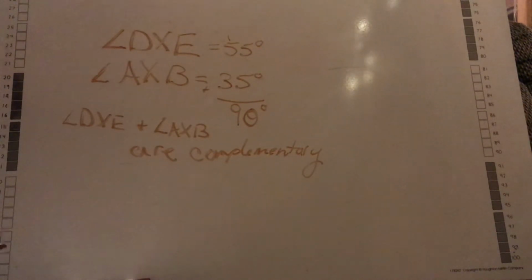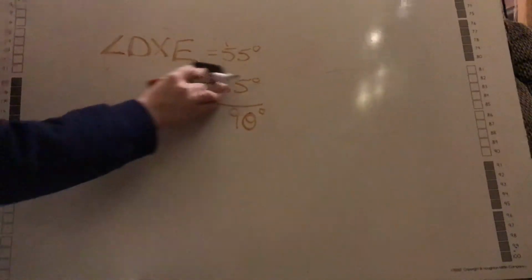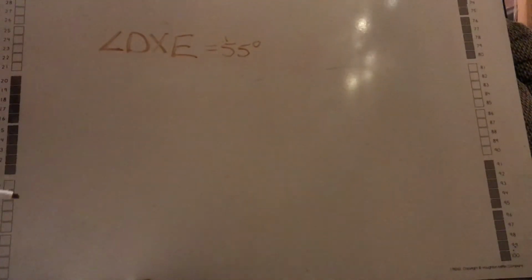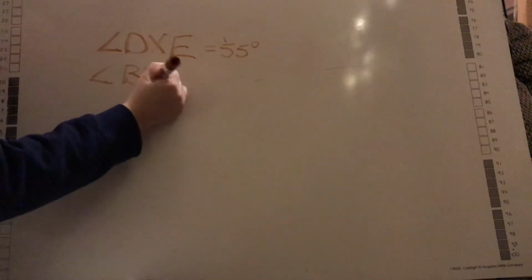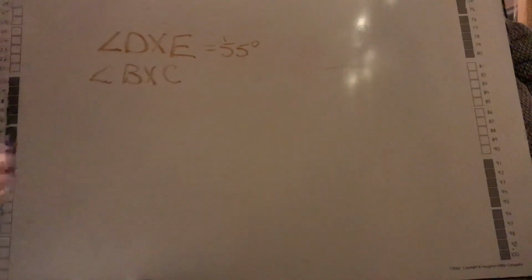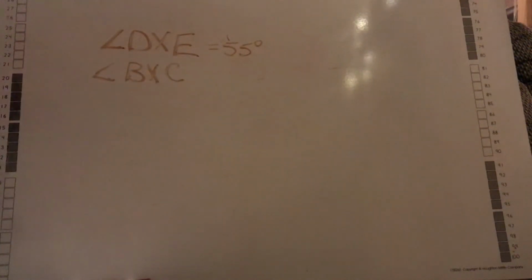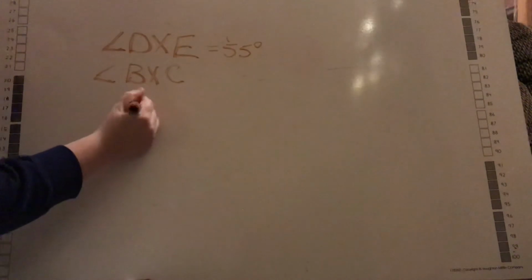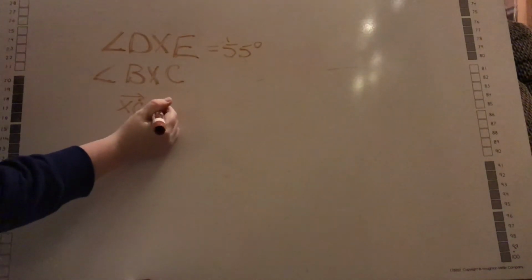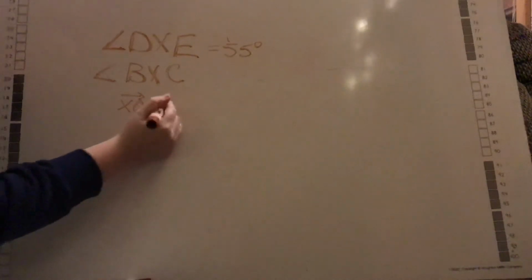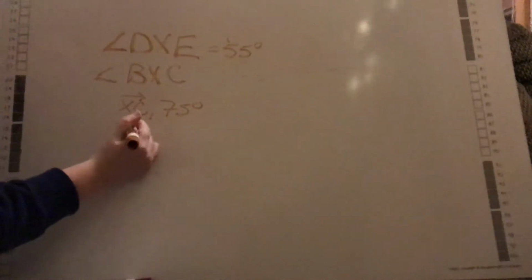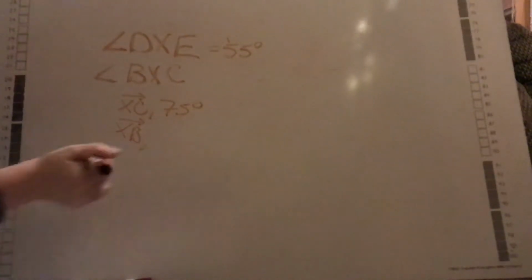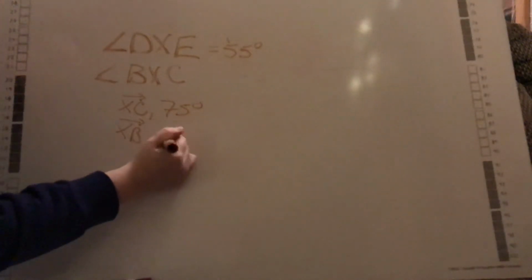Okay, the next angles they give us are DXE, which we already know, and angle BXC. If you look down at your protractor, you will see that the ray XC is right on the 75 degree line, and ray XB is on the 35.